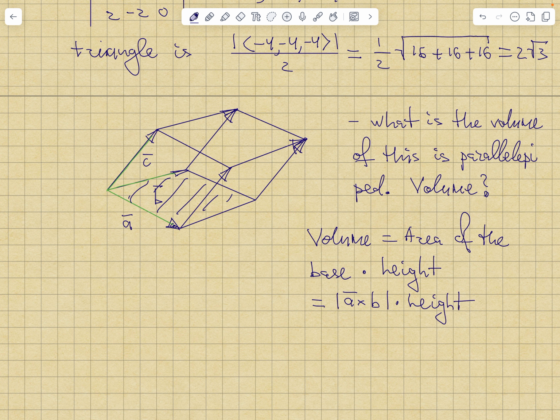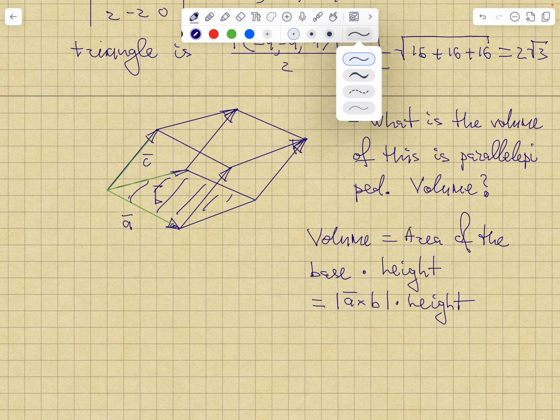And what is the height? I can drop a perpendicular onto the xy plane, then project the magnitude of C on that perpendicular, and that will give us the height.